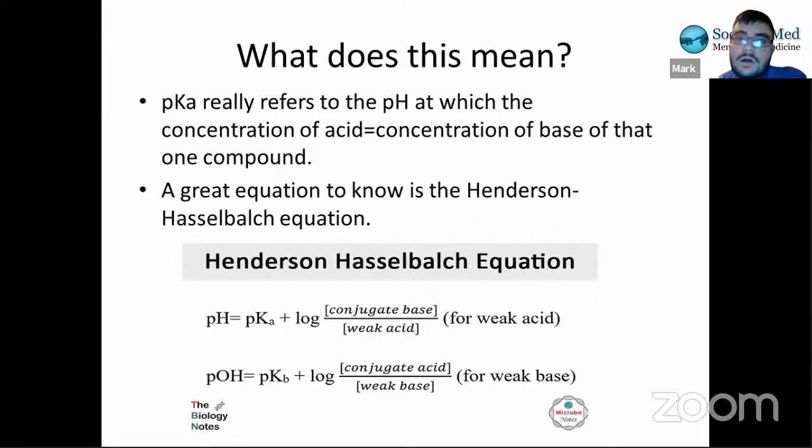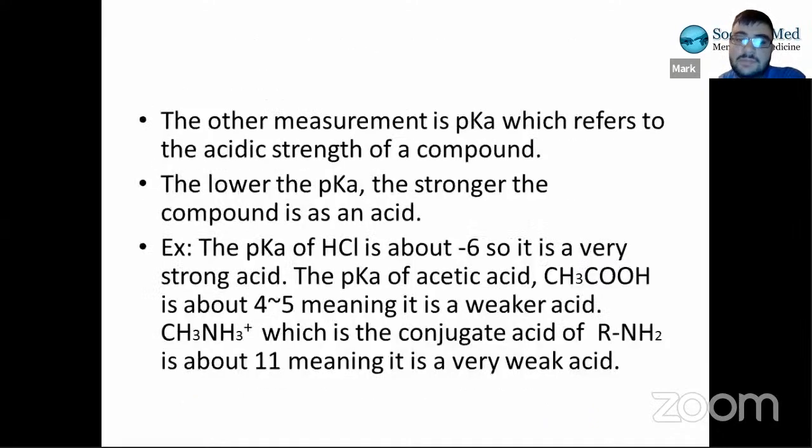There's a specific reason why I picked these two to show you the pKa's of 4 and 11. They are very commonly used on the MCAT, because these are the exact two groups that make up amino acids. This is the amino end of the amino acid, and this is the acid part of the amino acid.